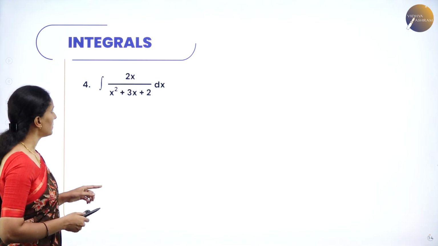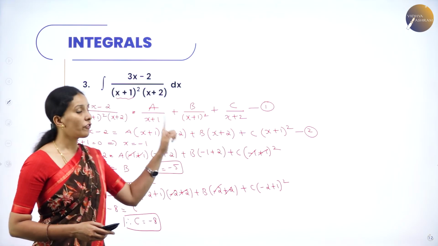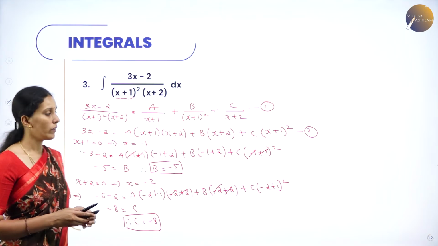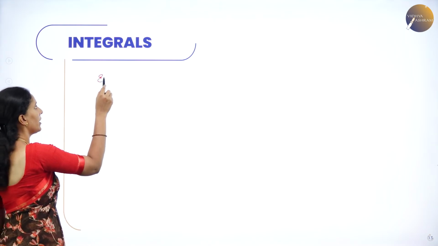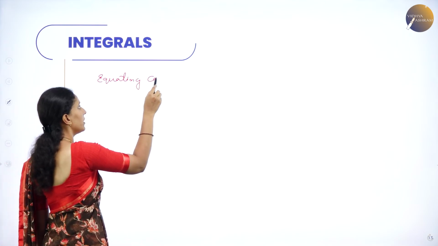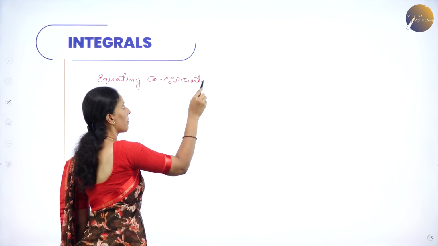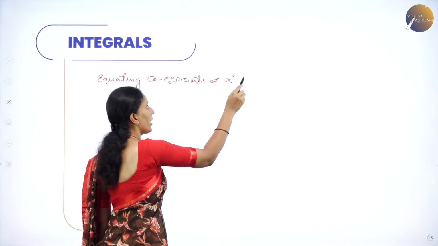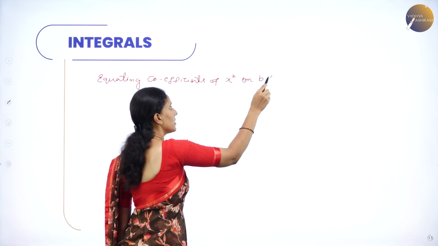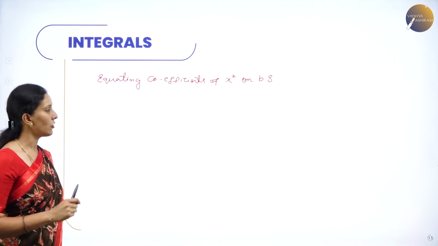So let me equate the coefficients of x square on both sides. This method is used whenever you don't know any other third factor to replace the value of x.